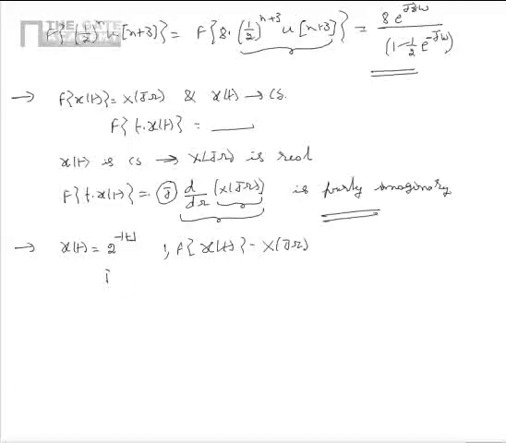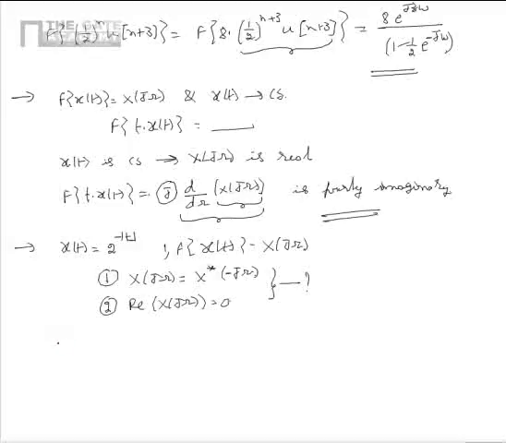There are two statements given related to the nature of X(jω). Statement one is X(jω) is equal to X*(-jω). Statement two is the real part of X(jω) is equal to 0. We have to identify which of these two statements are correct.